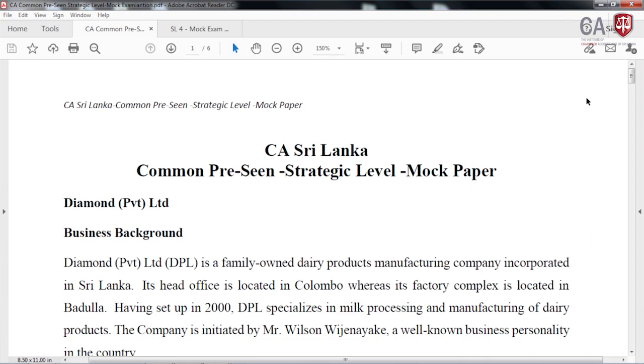This paper has been developed by all the examiners sitting together. So, here I am going to discuss the information relevant to the SML subject.